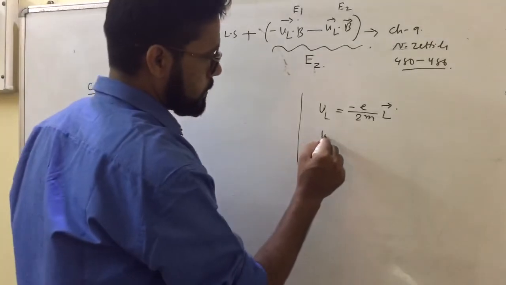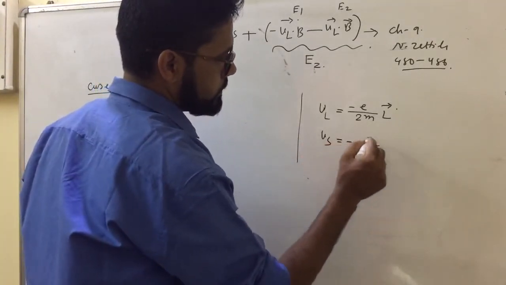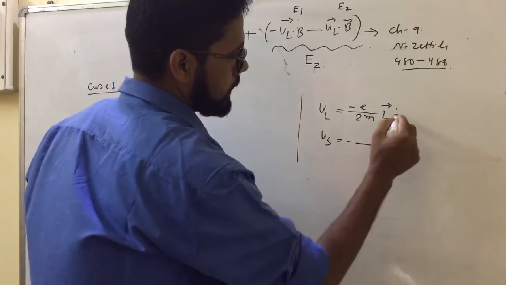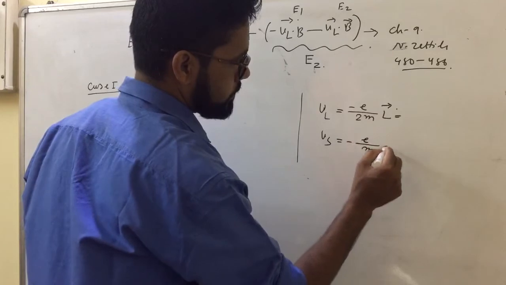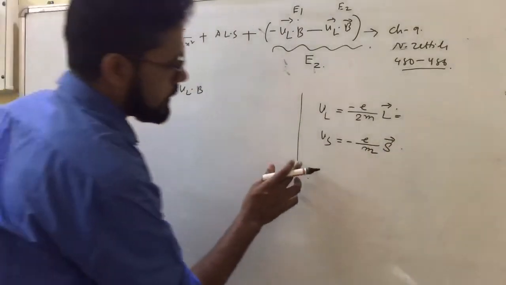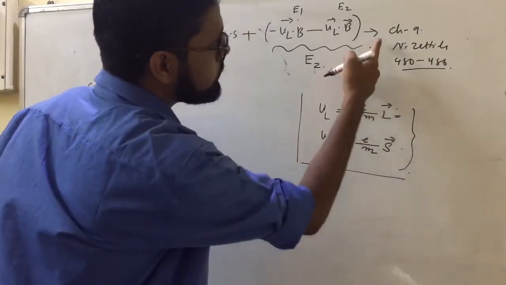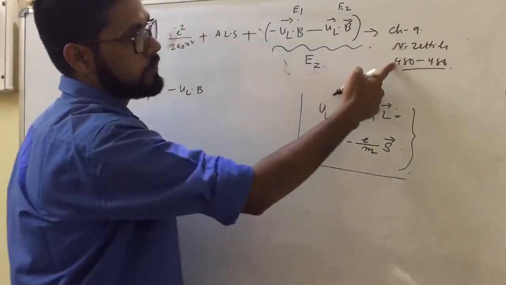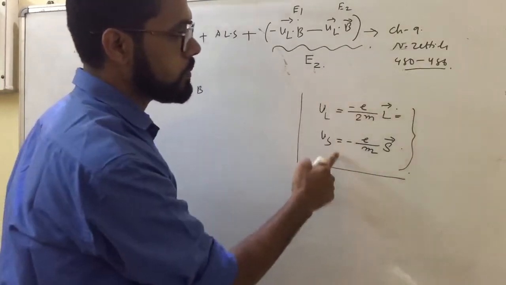Similarly, the magnetic moment due to spin will be e by m times S. This you can find in the atomic physics book, or in chapter 9 of the Zettili book, around pages 480 to 486.